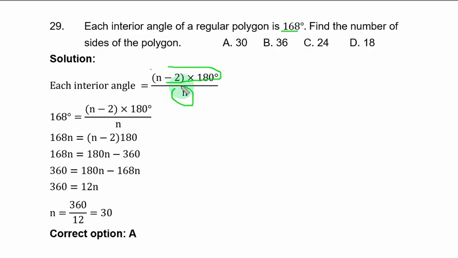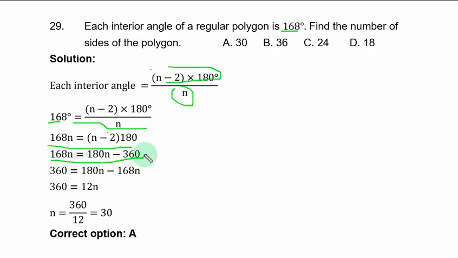Now the interior angle, the sum is 168 equal to the right hand side. Multiply through by n to clear the fraction. You have this result. Open the bracket. In the right hand side, you have this result.